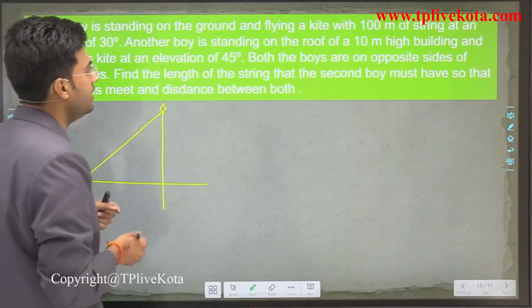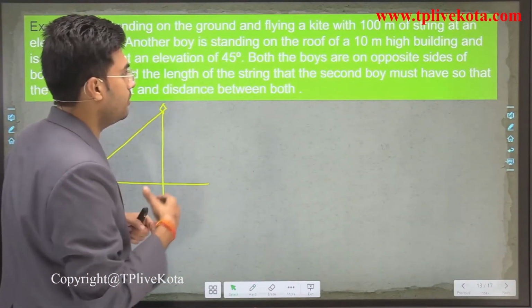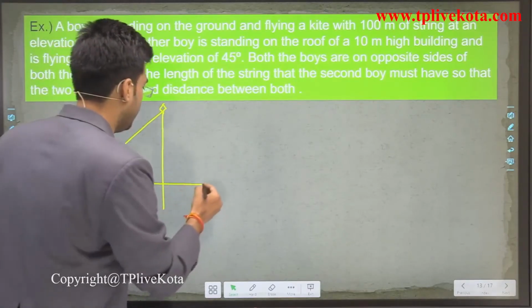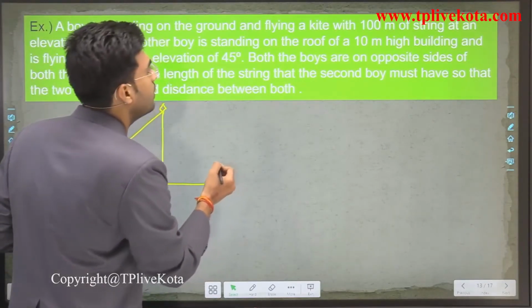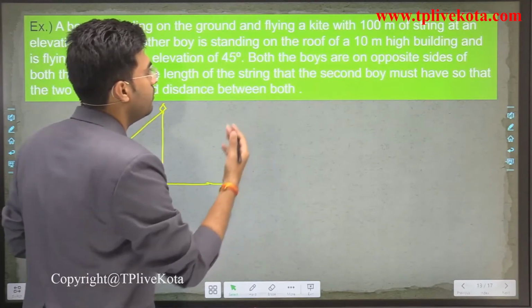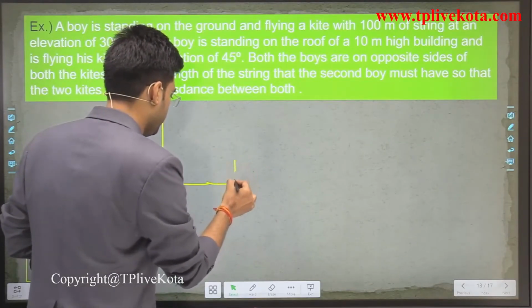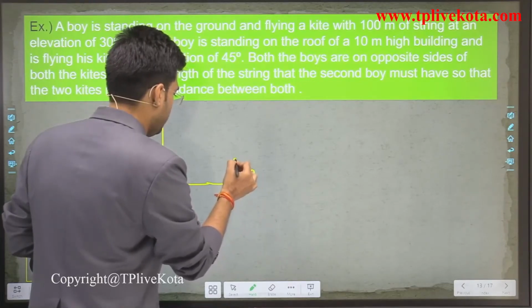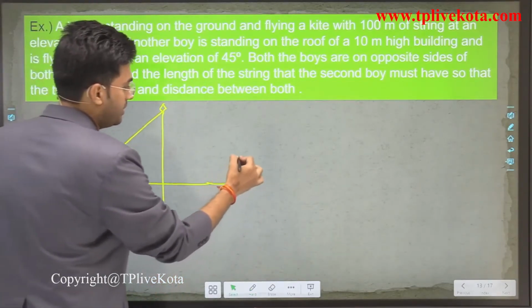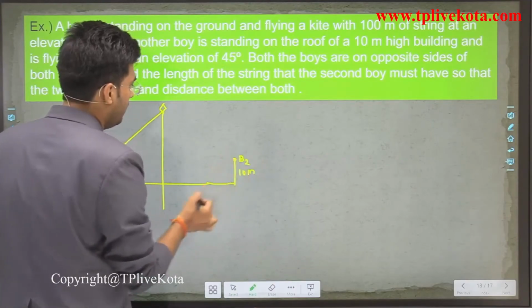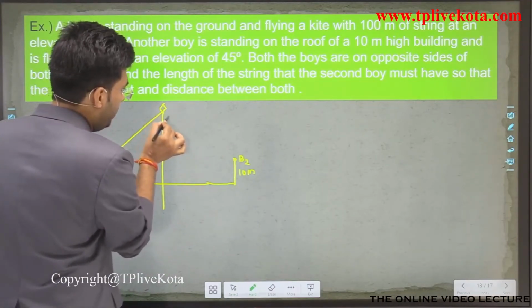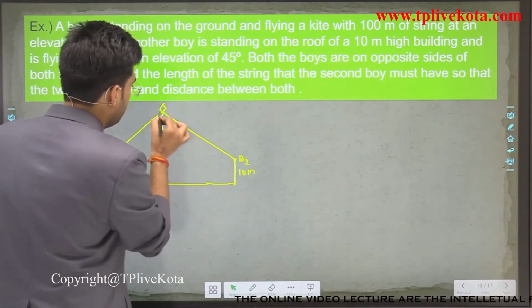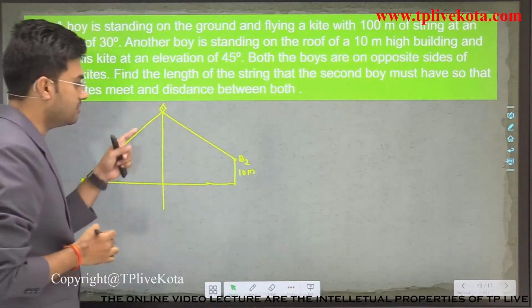Now it is given that the other boy is on the opposite side of the kite and is standing on a 10-meter high roof. So let this be 10 meter, and the second boy is standing here, and we have to meet these two kites. So let these two kites meet at this point.